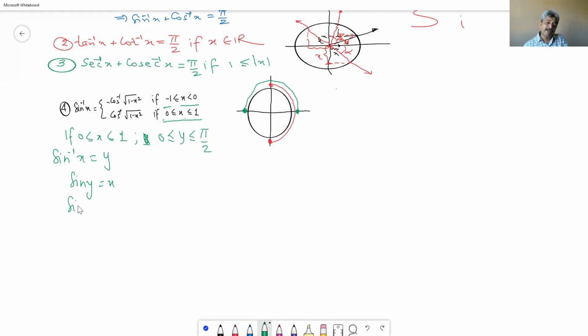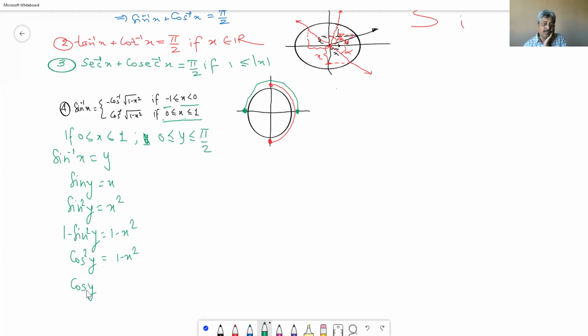Therefore sine square y is equal to x square. Therefore 1 minus sine square y is equal to 1 minus x square. Okay, and therefore cos square y is equal to 1 minus x square. Taking square root of both sides, we get cos y.